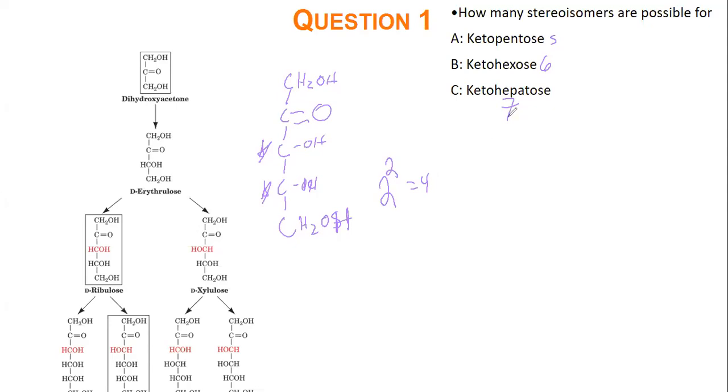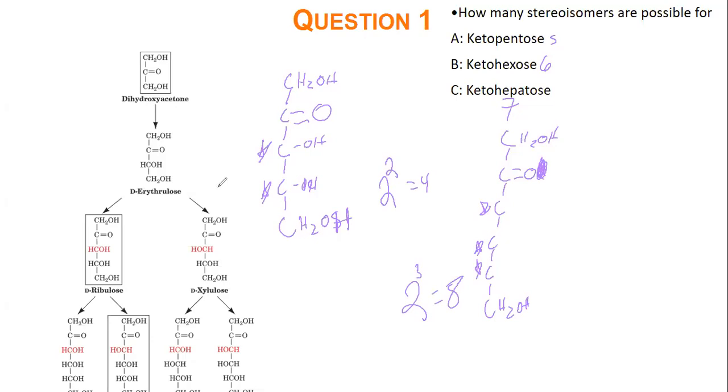For a hexose, 1, 2, 3, 4, 5, 6. CH2OH, CH2OH. So I have 2 possibilities again, because the OH is either to the right or to the left. I have 1, 2, 3 different chiral centers now. So that's 2 raised to the power of 3, better known as 8.